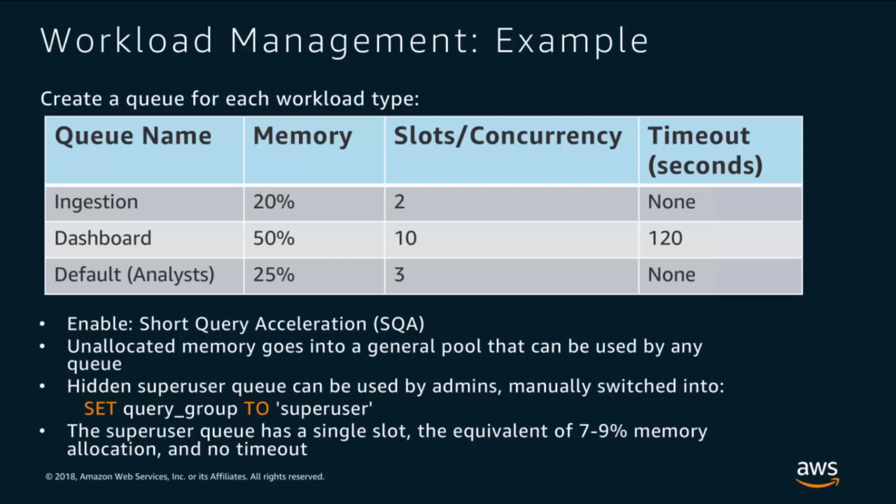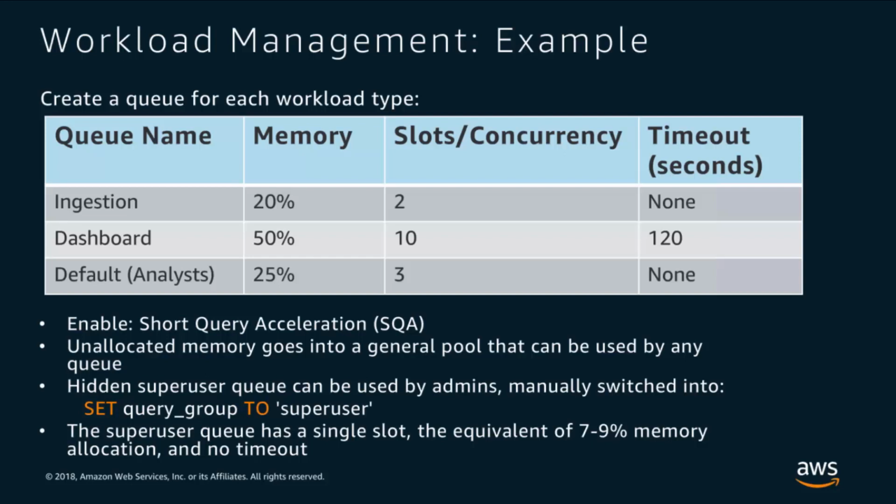Now, we also added somewhat recently something we call short query acceleration. Short query acceleration is where Redshift determines if a query is going to be quick or short running, maybe running on the order of a few seconds.